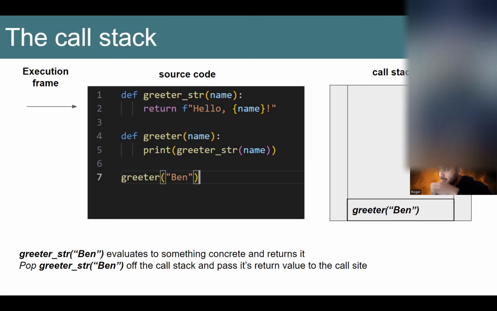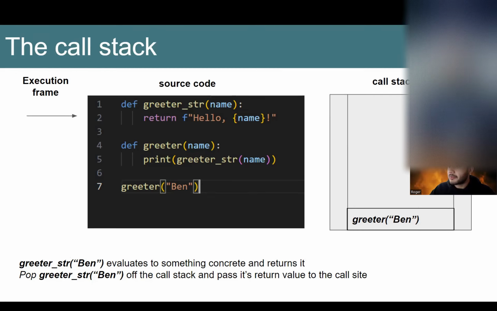Sorry, can you repeat your question? I'm realizing I got a little off. Does the call stack look at all languages the same way as far as evaluating the order? I would say more or less, but it's a good question, because this idea of the call stack assumes things happen in order.